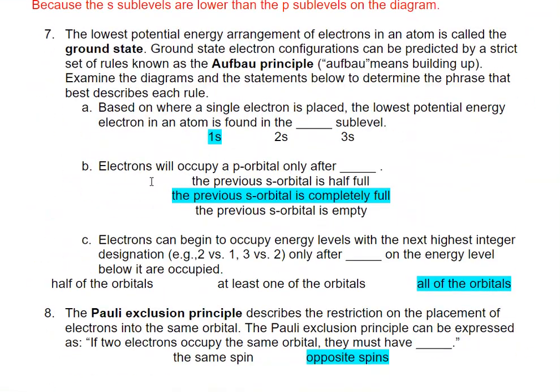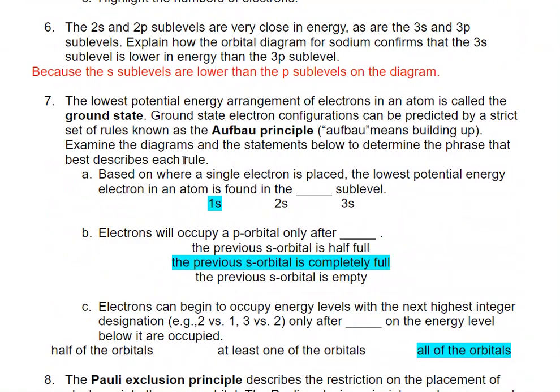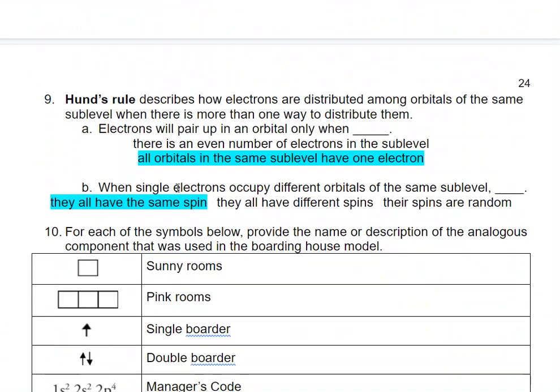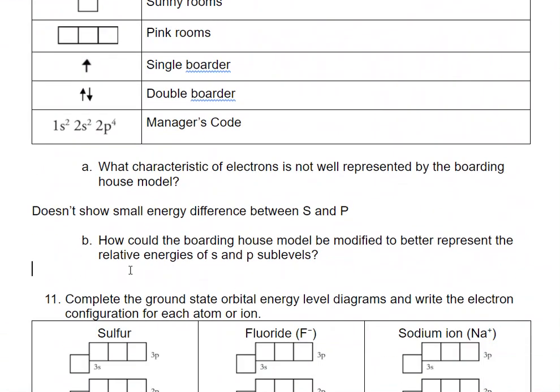So what could I do to change this model and maybe make it a little bit more accurate? We could have it like some kind of split level house where you come up onto the first floor, you go up a set of stairs to the second, and then to get from the sunny room to the pink rooms, you have to go up a couple of steps, something like that.